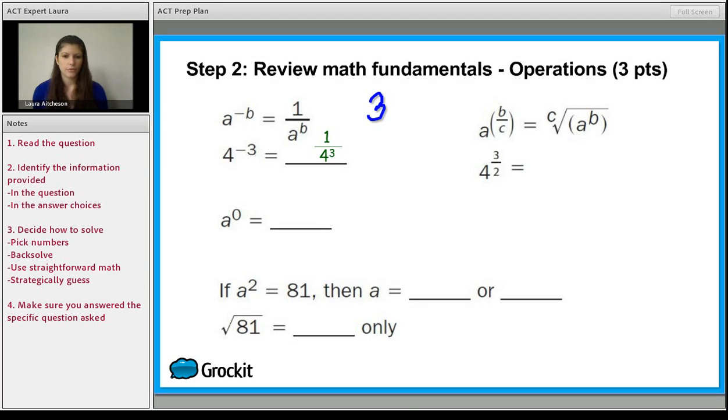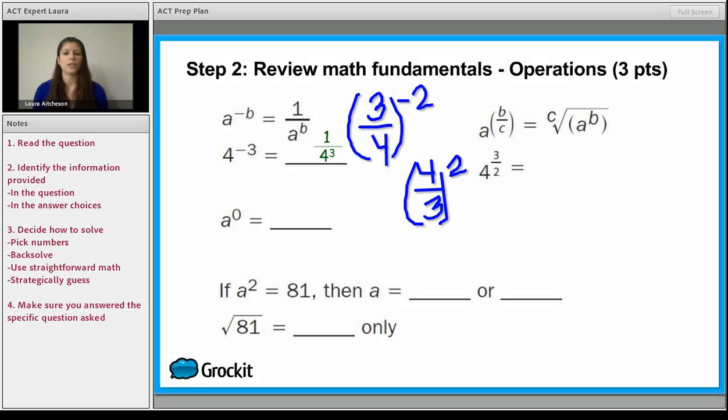So you get 16 over 9. So in the example given, they give you a whole number, but I wanted to add on the example of 3/4 to the negative 2, just so you know that you flip it and then you raise both top and bottom to the exponent. So technically, and I'll add it in here, it's just that since it was the number 1, it wasn't added in. But technically, it's 1 to the 3 as well. We didn't want to leave that out because that could be misleading if you were memorizing it.